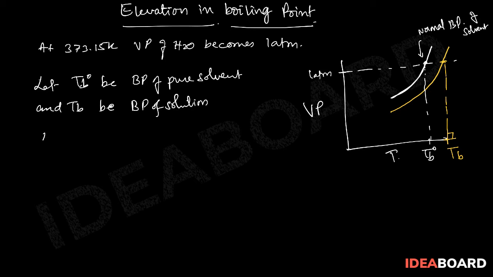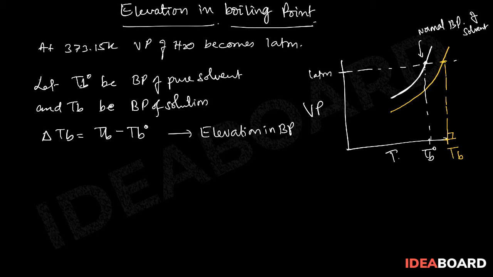So delta TB is equal to TB minus TB naught. So this is actually the value by which the boiling point has increased. So this quantity is called actually elevation in boiling point. Elevation in boiling point. So we have already understood that on addition of solute, the vapor pressure of the solvent will reduce, and as a consequence, to reach atmospheric pressure, it will require much higher temperature compared to the pure solvent.